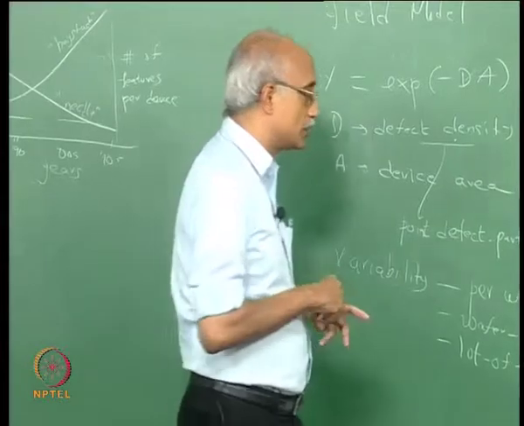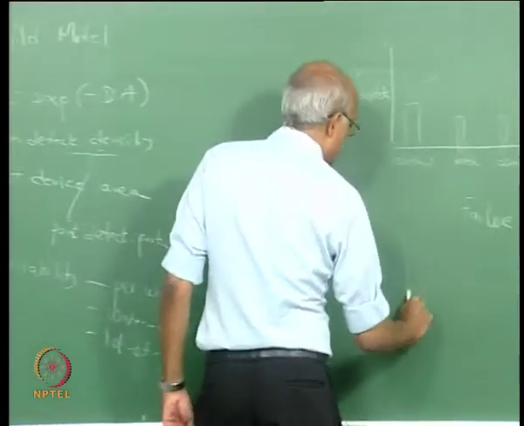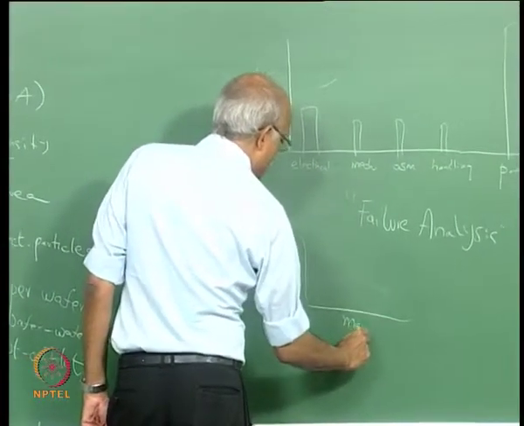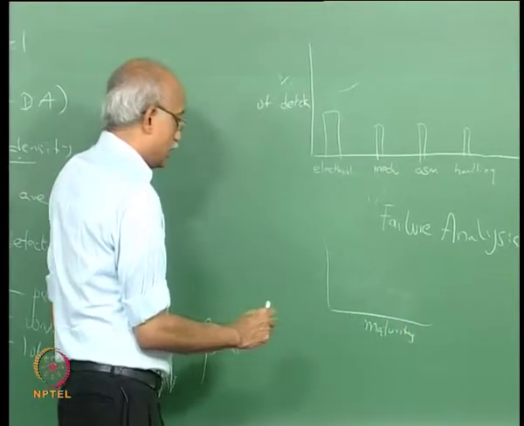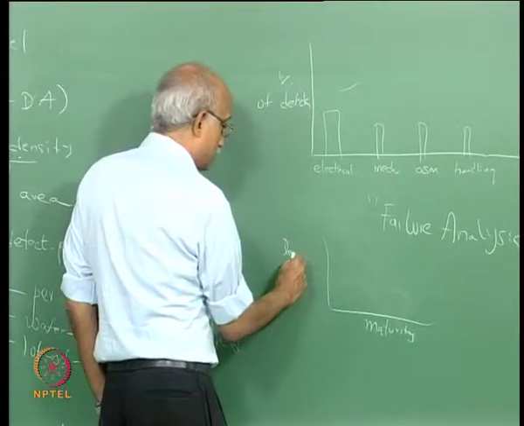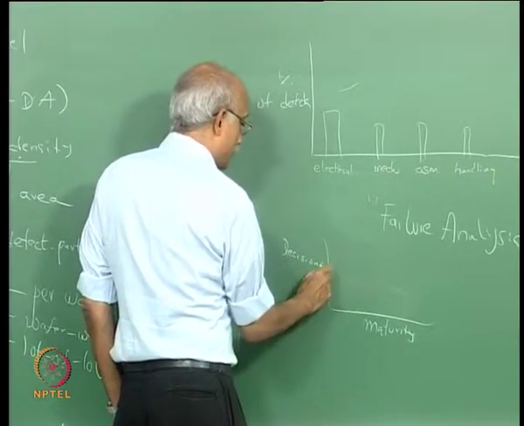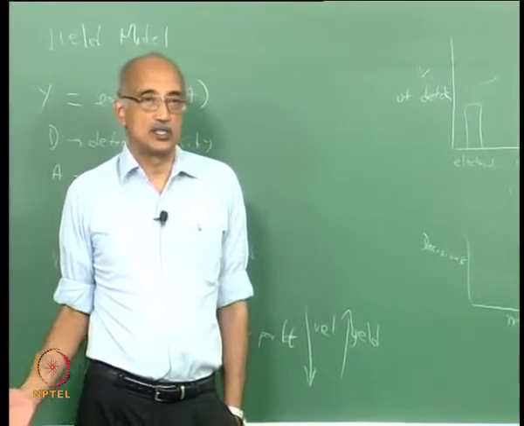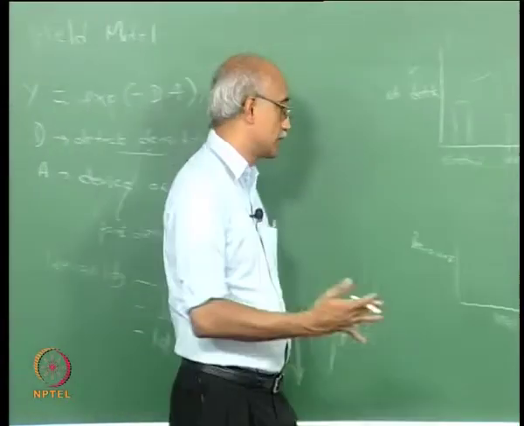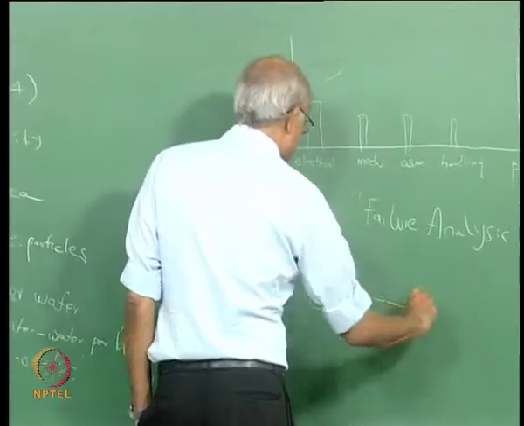So, in fact, there are some roadmaps that say that if you plot process maturity on this axis and decisions on this axis, as a process matures, you make fewer and fewer changes, decisions. You kind of let things just settle.